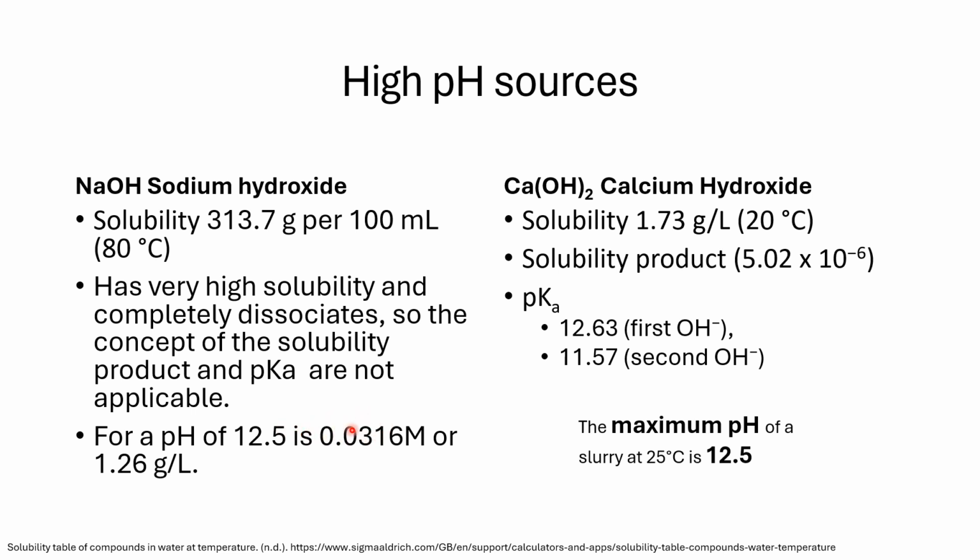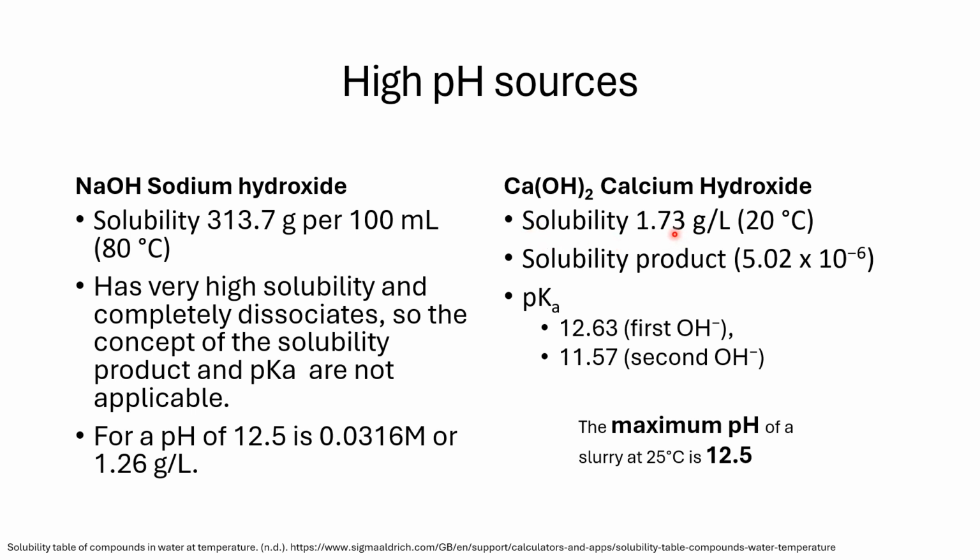It's really quite straightforward. So a pH of 12.5 is 0.03 molar or 1.26 grams per litre. So you've literally got a very straightforward translation using that Henderson-Hasselbalch equation for sodium hydroxide.